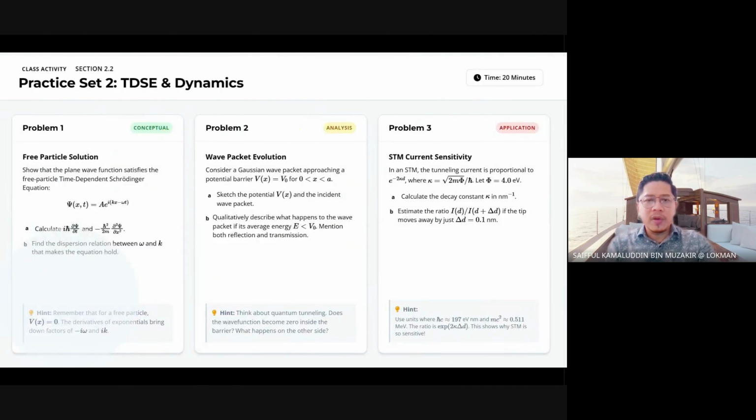Right. Now we also have practice number 2. These problems are meant to test your understanding of what the TDSE actually does. I'm not interested in long calculations, just as you are, and I'm more interested in interpretation.